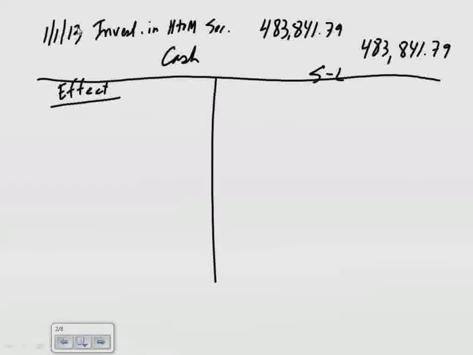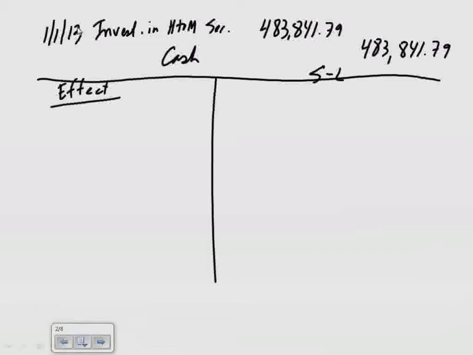When we do this, the bonds become due December 31st, 2016. So we have 2013, 14, 15, and 16. They're 4 years, semi-annual. That means that there's 8 periods.